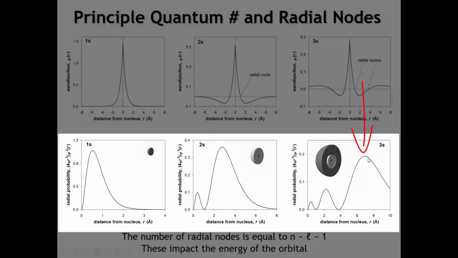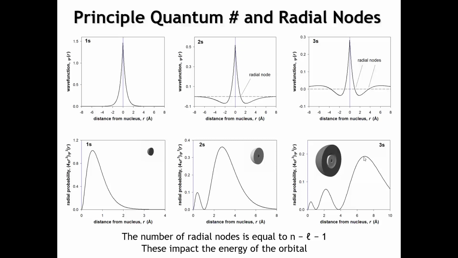Then the maximum in the radial probability function is out here at something like 7 angstroms, quite a bit further from the nucleus than with the 1s orbital. So as the value of n increases, the size of the orbital also increases.